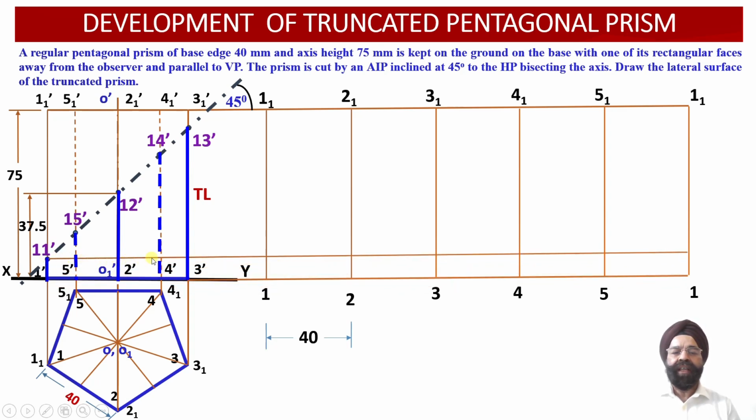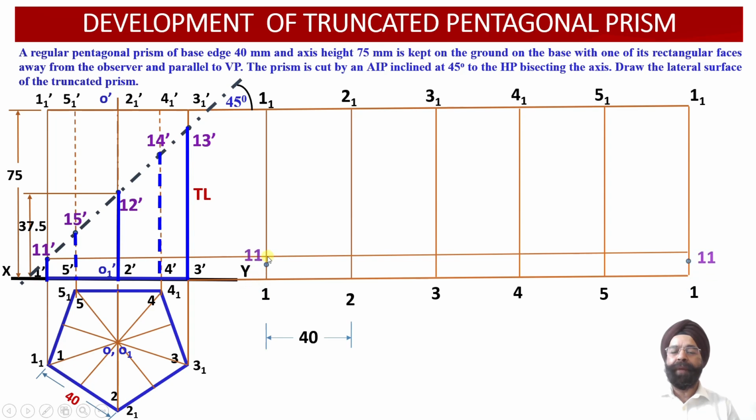Wherever this horizontal projector line originating from point 11 dash intersects with the vertical edge in the development projection view, which vertical edge? 1 1 and 1, the vertical edge of this pentagonal prism over here.